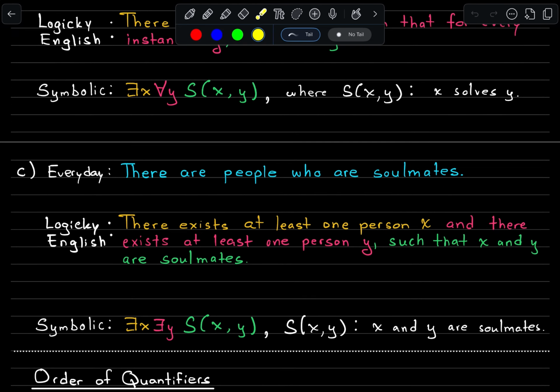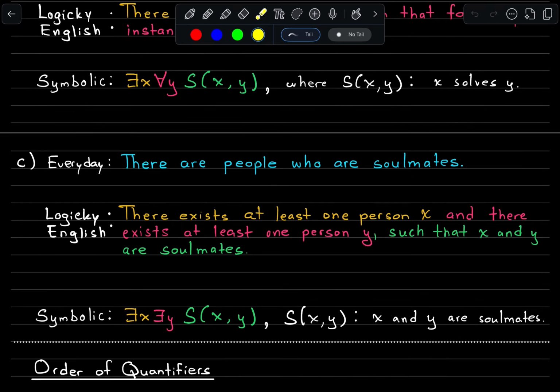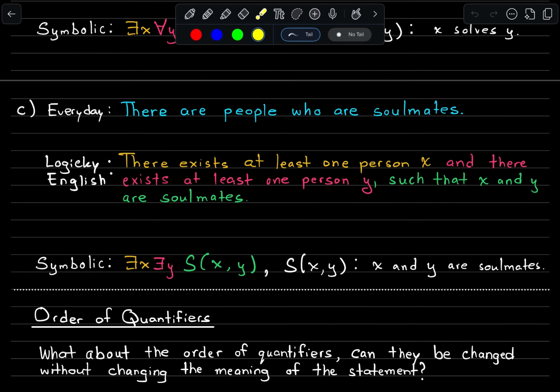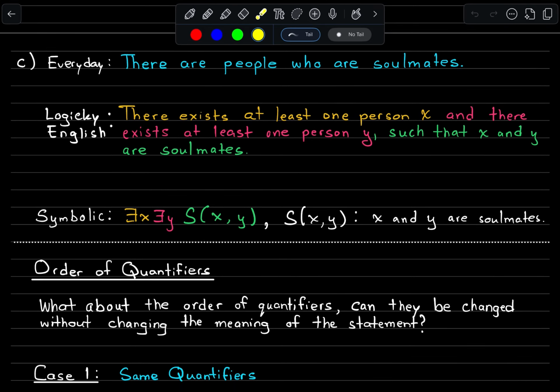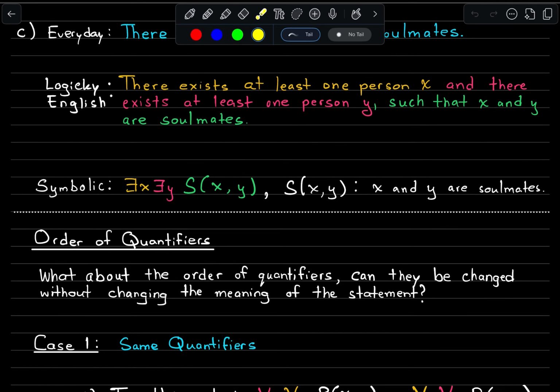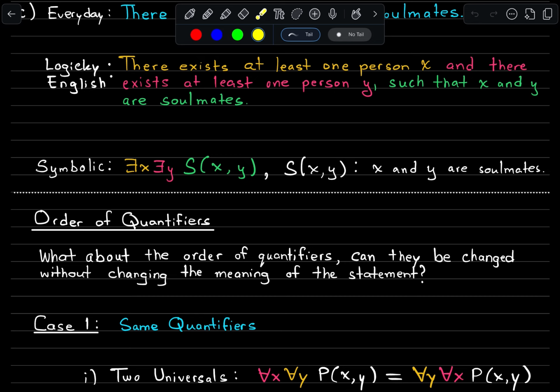Now let's consider the order of these quantifiers. Okay? Can they really be changed without changing the meaning of the statement? Okay, so let's consider the first case, the same quantifiers. So let's suppose we had two universal quantifiers. For all x and for all y, p of x y is true.